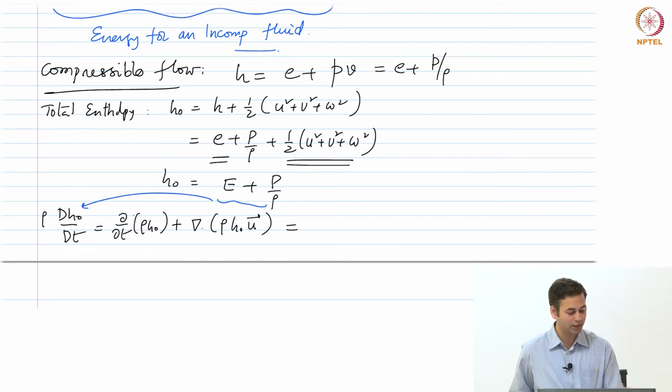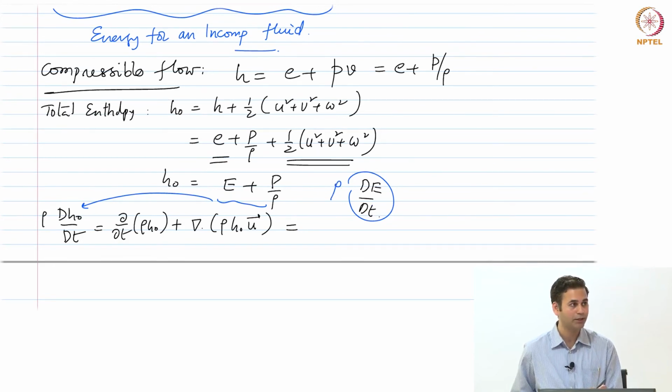So, essentially get an equation for dE dt and substitute that back into this equation. You will only get an extra term, that is dP dt. And do you have an equation for rho dE dt? We have already derived an equation for rho dE dt.